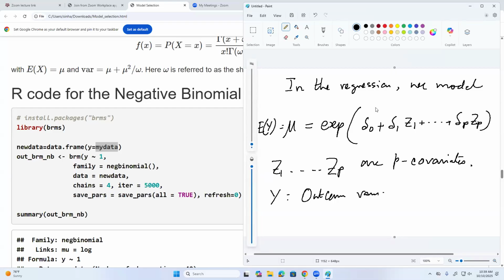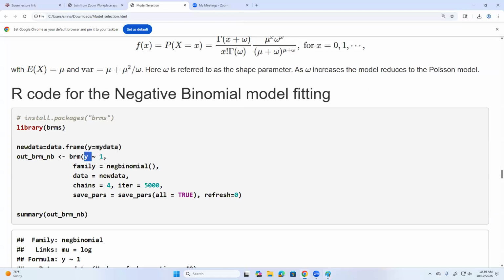When there is no z1, z2, ..., zp, we simply write the expectation of y is e to the power delta 0. So this is called the intercept. And in the code, it is written as y tilde 1. If we have z1, z2, ..., zp, then we write y tilde z1 plus z2 plus ... plus zp, and so on and so forth.